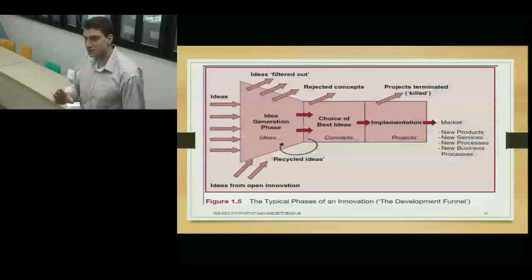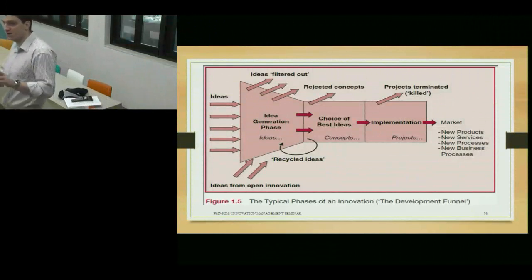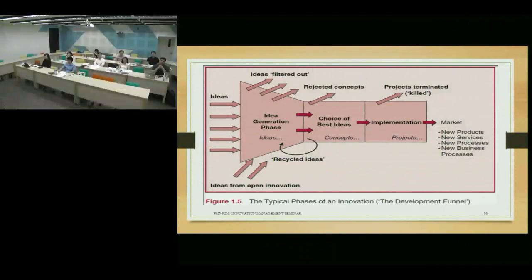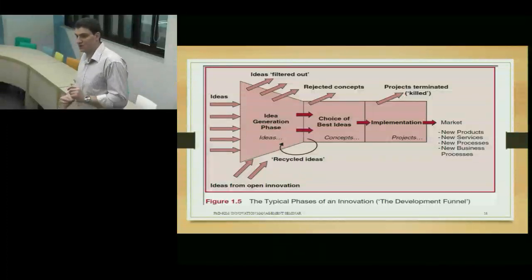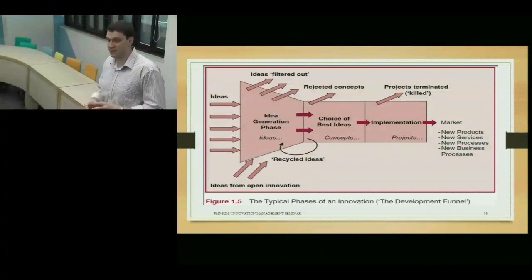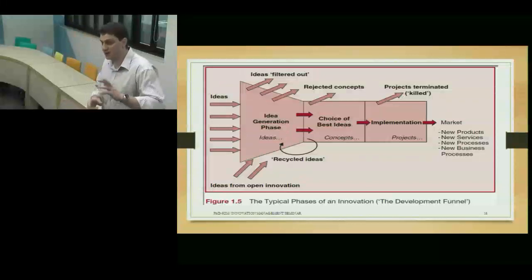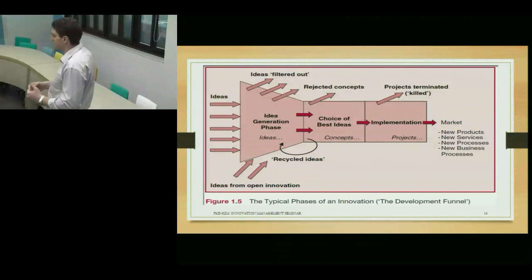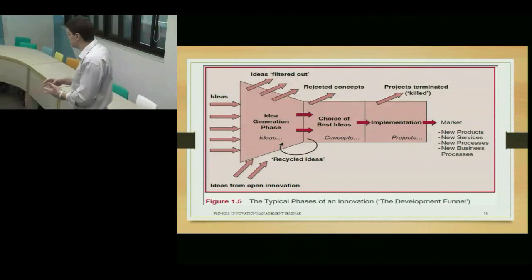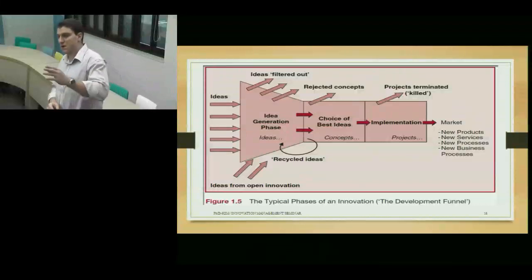Okay, we'll talk about that. That's the innovation funnel. You remember that also includes open innovation. We'll describe and talk about that later in more detail. So we have the idea generation phase, ideas that may come from customers, suppliers, employees, different types of stakeholders.